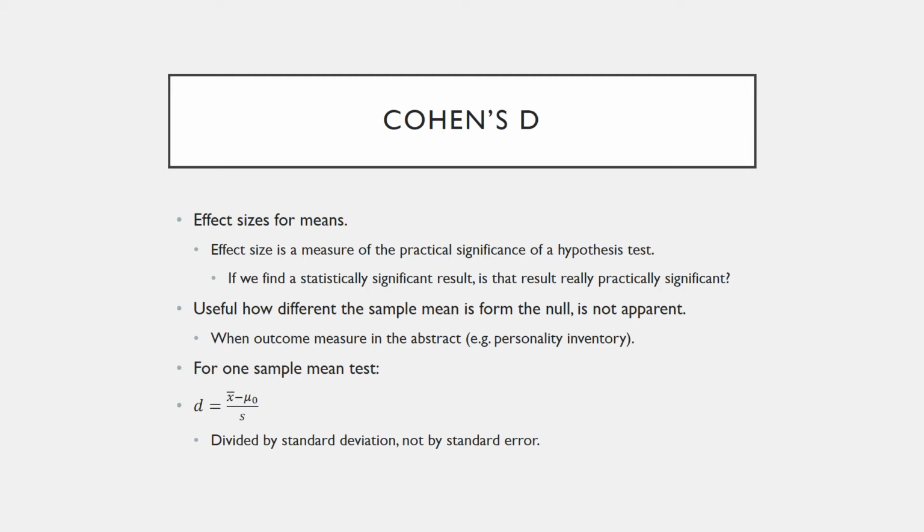If you want to make sure that the average time for the pizza deliveries is not greater than 30 minutes and you find a sample average of 30.5, you're probably not going to care too much about that. You could find it to be statistically significant if you have enough power, but half a minute's not something you really care about.